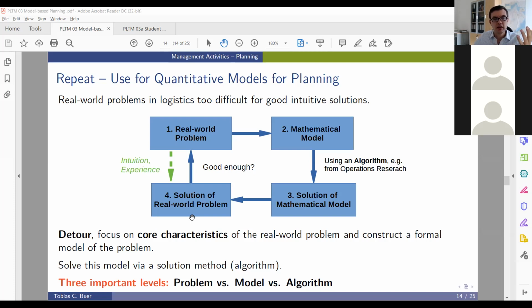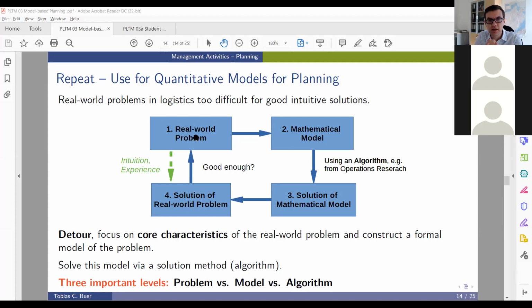So, for example, if you want to decide about your inventory policy, you might model the situation so that you can apply the economic order quantity. This is a very simple mathematical model. You solve this mathematical model, you can just calculate the economic order quantity, and then you check if the economic order quantity is really a good solution for your real world problem.